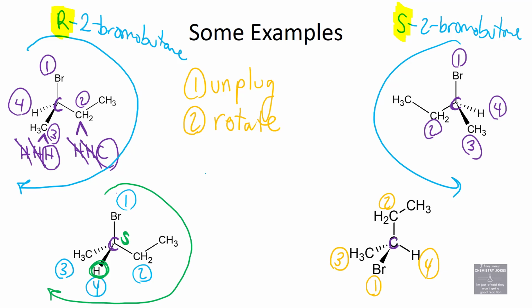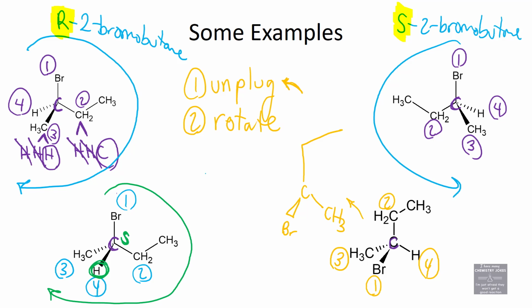If I say unplug, that's taking advantage of the definition of a stereocenter. A stereocenter is an atom upon which interchange of any two groups generates a stereoisomer. So if I unplug, and I can choose what to unplug, I'm going to unplug to make things as advantageous as possible.